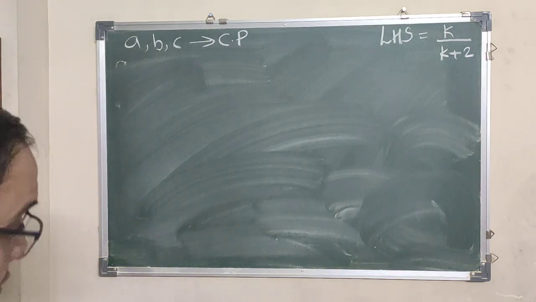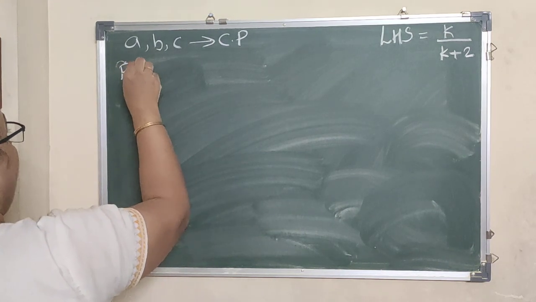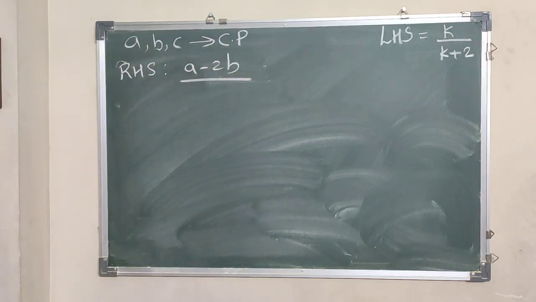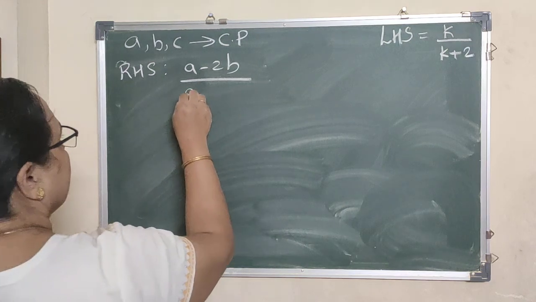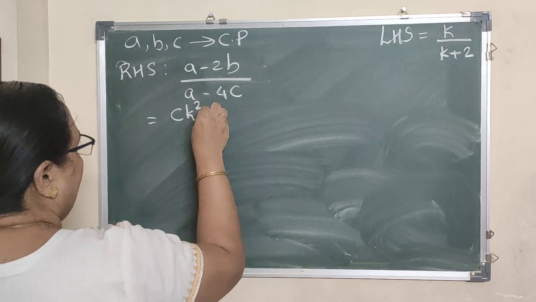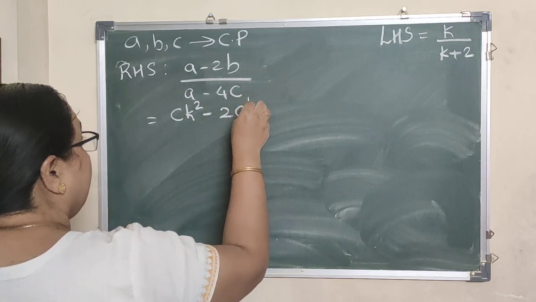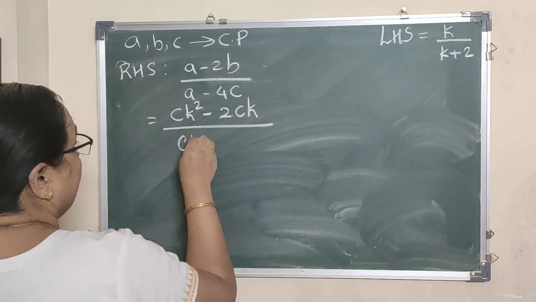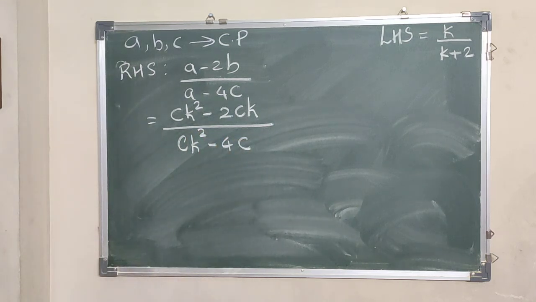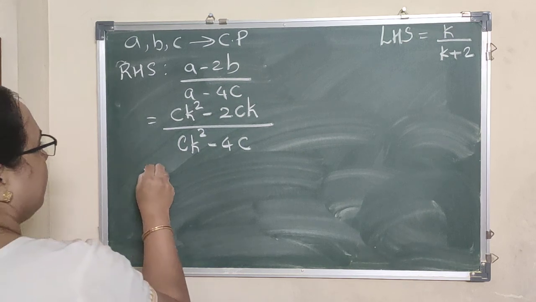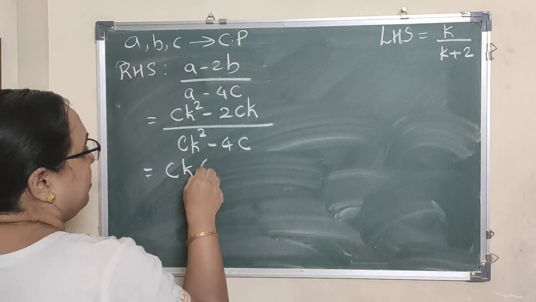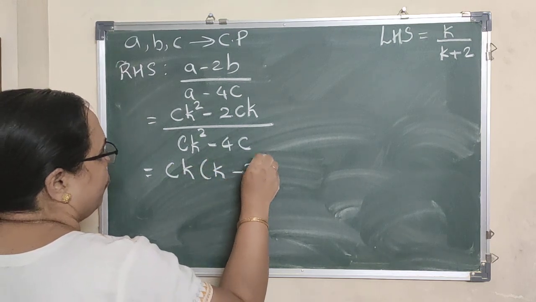So RHS is A minus 2B upon A minus 4C. A is nothing but CK squared. B is nothing but CK. So here you have CK squared minus 4C. Take out common. What do we obtain is, yes, CK is common, K minus 2.